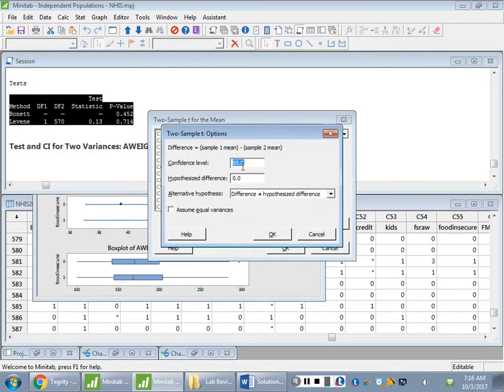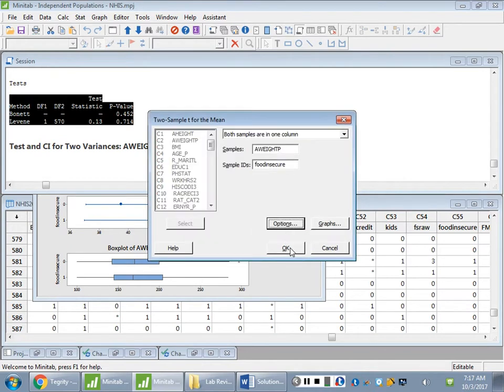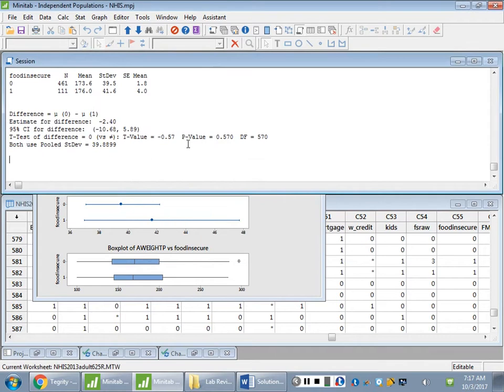In my options, I want a 95% confidence interval. The hypothesized difference is 0. We always use a not equal sign. The question is whether or not we should check this box. That's what we did in the condition section, and we decided to assume equal variances. If you don't check the box, you get unequal variances. So we'll say OK, and we get this output.